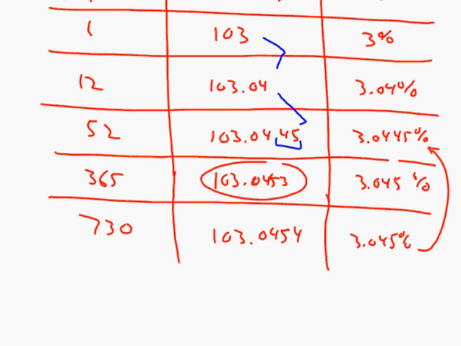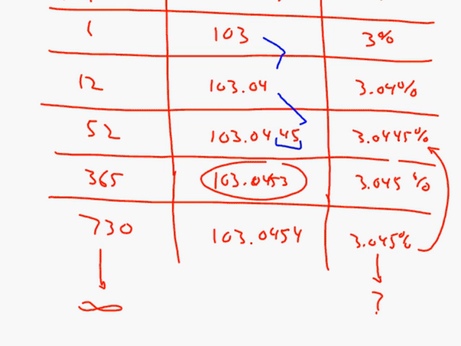So what are you noticing? You're noticing that as the number of compoundings, right? So we'll say as this number here heads towards infinity, if we start compounding all the time, this number heads somewhere special. Okay? I think at this point we could probably convince ourselves it'll never make it to 4% or 7%.